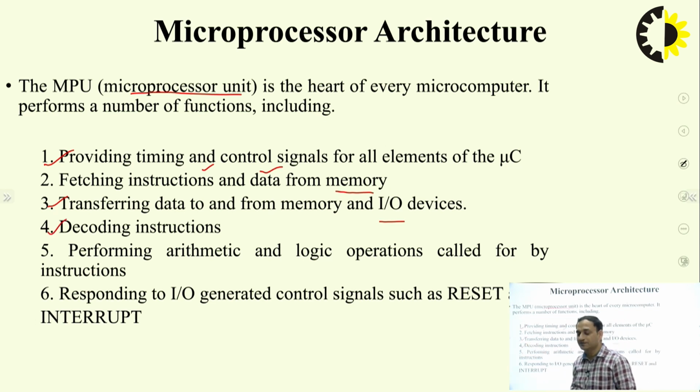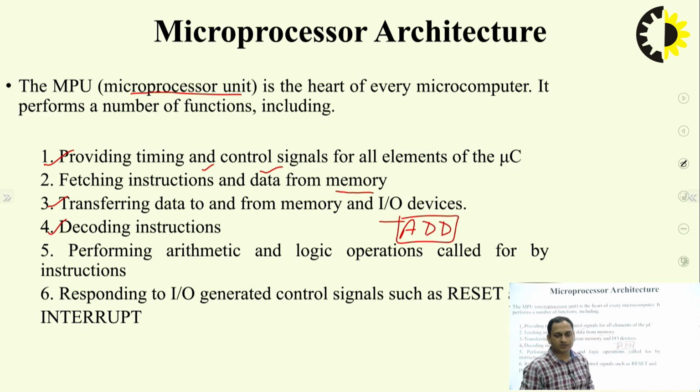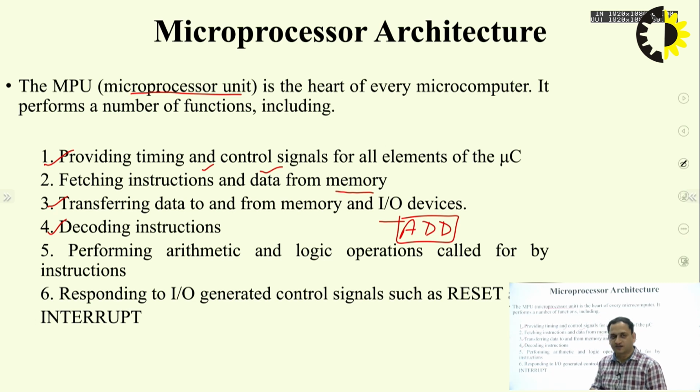Decoding instructions means, suppose I want to add, right? I have an instruction like the add operation. This add is in assembly language. So to understand this add operation, that is decoding. So we have to decode that. Okay. For that, we have different types of decoders. Okay. So this is the second step. After fetching, we have the decoder.